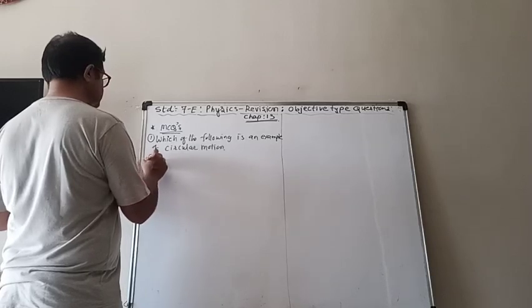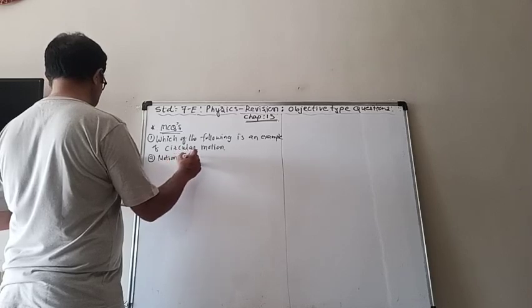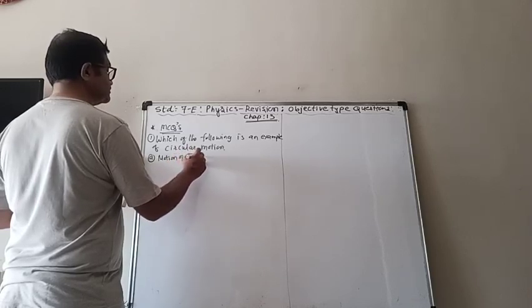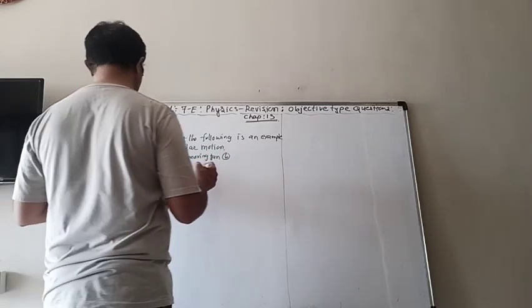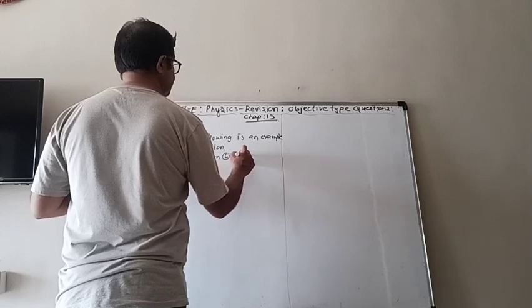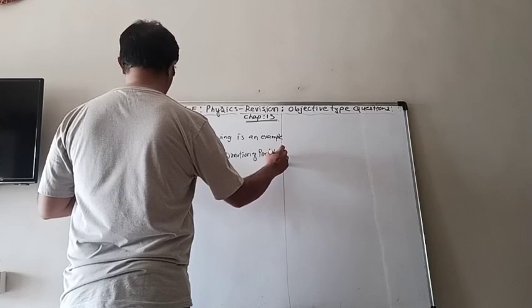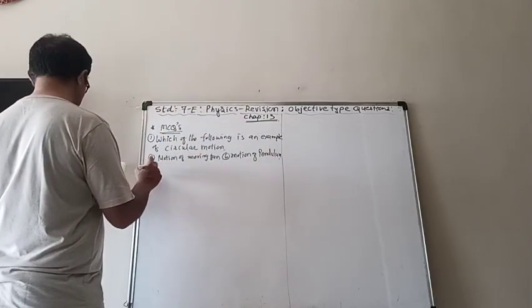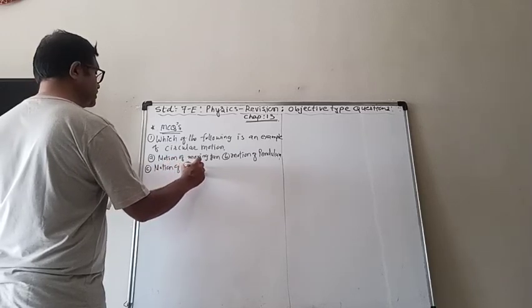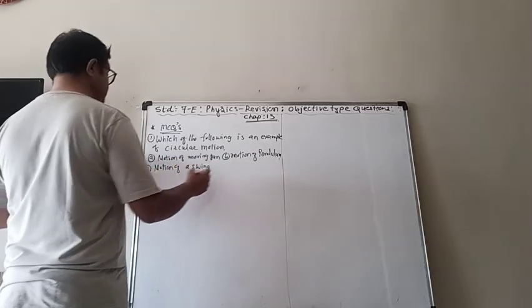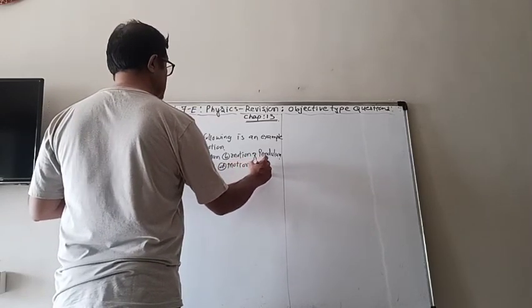Options are A, motion of moving fan, B, motion of pendulum, C, motion of a swing, and D, motion of mosquito.